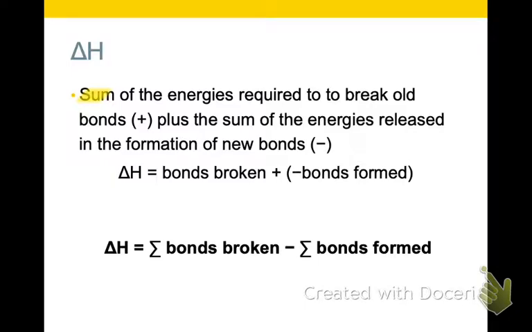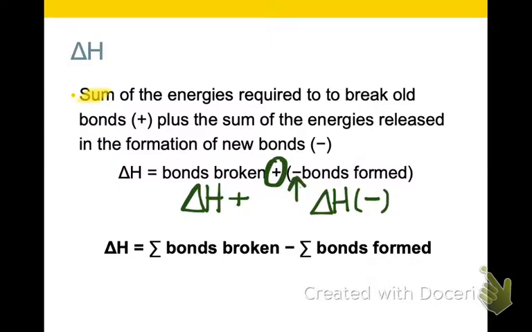So delta H is the sum of bonds broken plus bonds formed. We know when bonds are broken that delta H is positive. But we also know that when bonds are formed, it's exothermic and delta H is going to be negative. So you'll notice that I have that negative sign there.